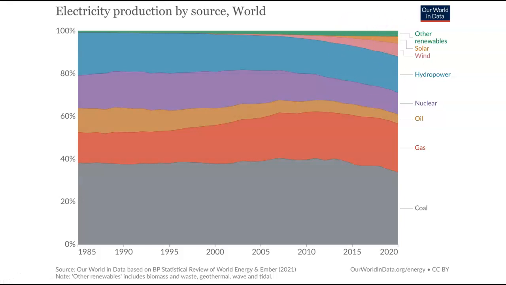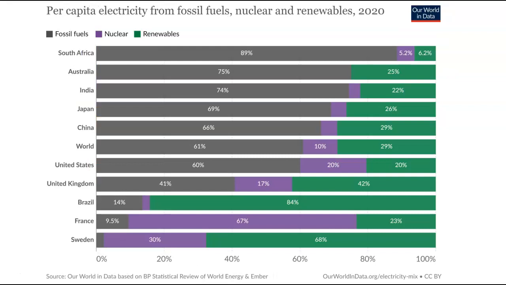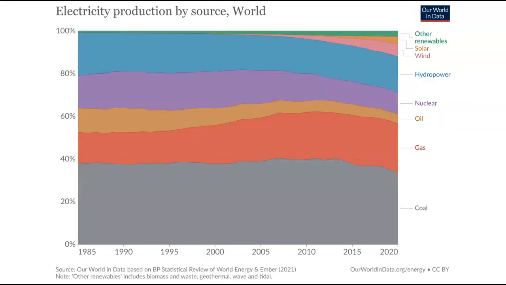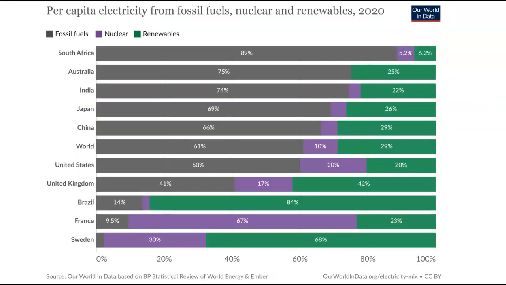So this is what we need to beef up quite heavily over the next decade. And we also noticed that the amount of electricity produced by fossil fuels or renewables or low carbon intensive sources varies quite dramatically over the world.